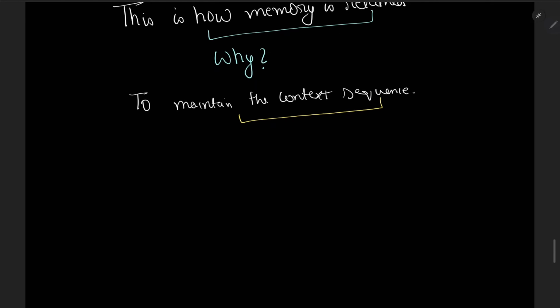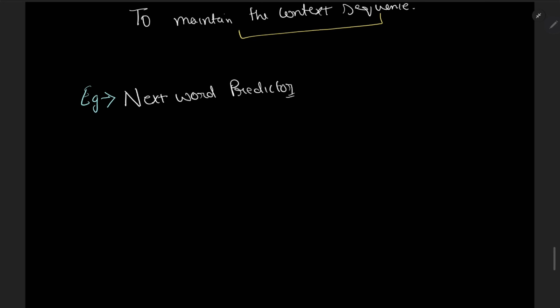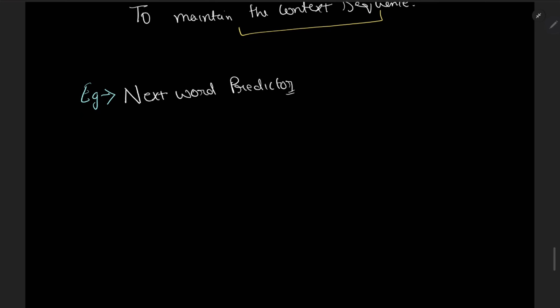Let's understand this with the help of an example. The example we are going to take is a next word predictor. We have all come across this feature of Google Keyboard, where we provide a sentence and the keyboard gives us the next word in the sentence. Let us assume that the next word predictor is using an RNN-based model to predict the output. Say in that case, I pass an input, "Python is popular for".